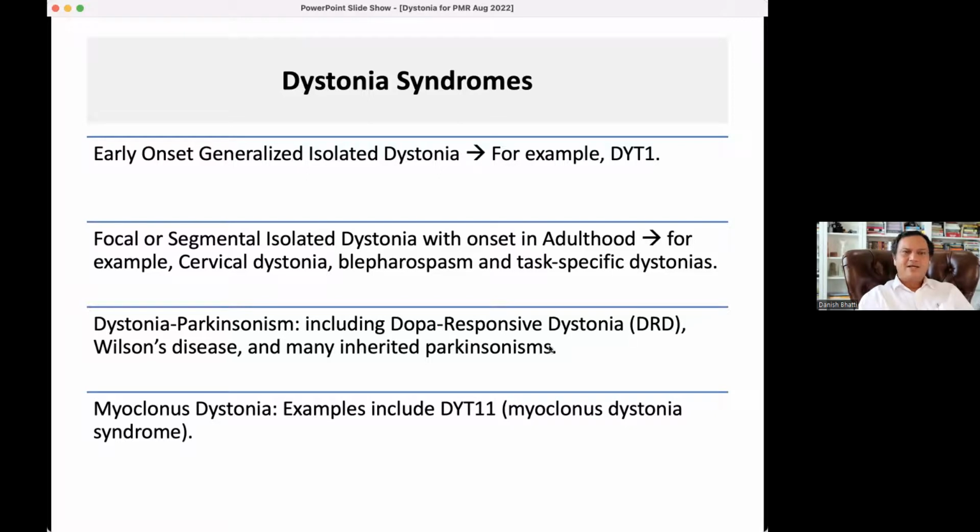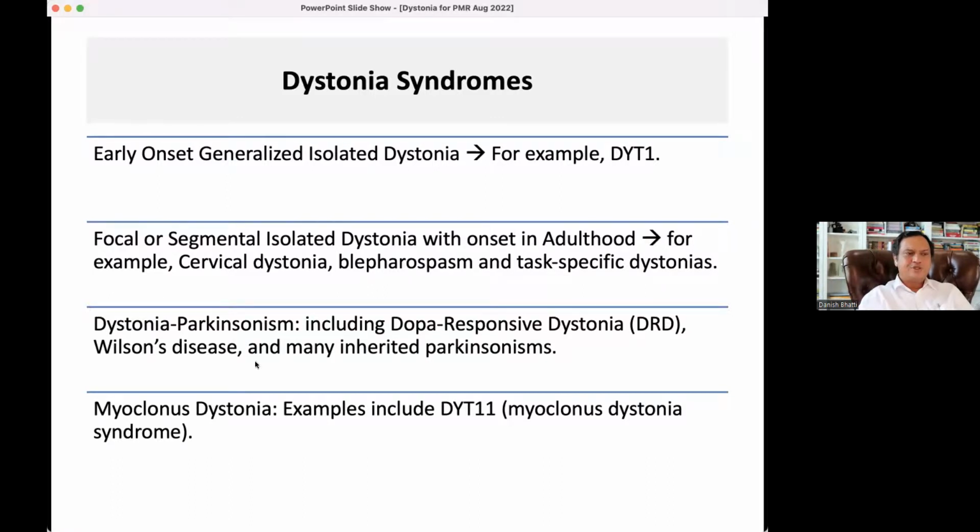This is DYT3. And DYT5 is DRD, and DYT3 is also dystonia and Parkinsonism. While Wilson's disease can have both dystonia and Parkinsonism, and other inherited Parkinsonisms, such as PARK5 and PARK3, may have dystonia with it, and those are the dystonia Parkinsonism syndromes.